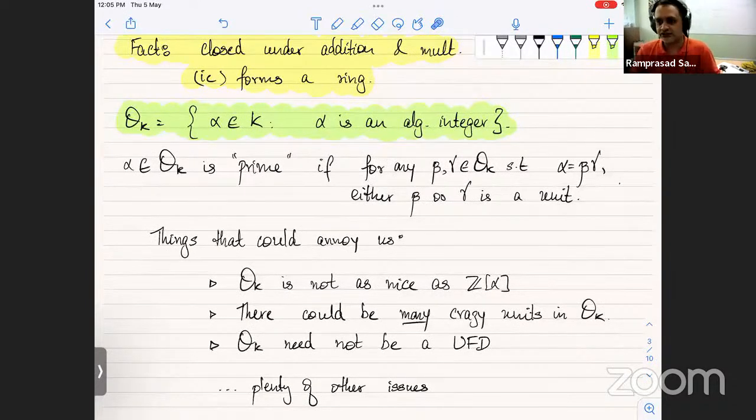There are plenty of other issues because eventually we'll want to do computations on them. And many of them may not be suitable for computations, in the sense that things we may want to do may seem difficult. But again, even though I tell you that the typical number fields could be very nasty, I just want to give you an example of how factorization may work.